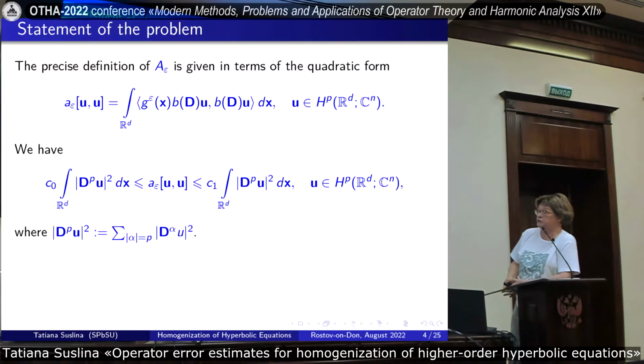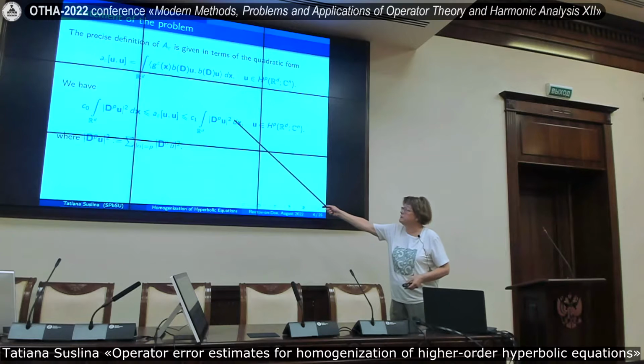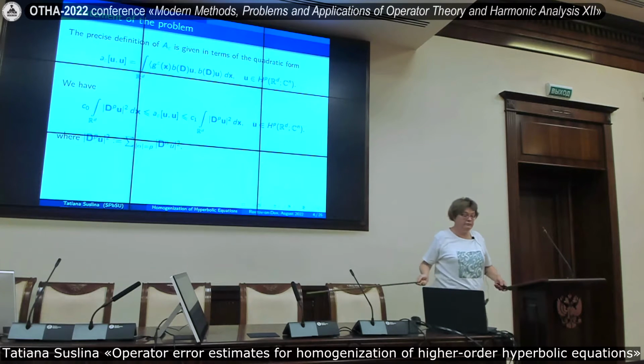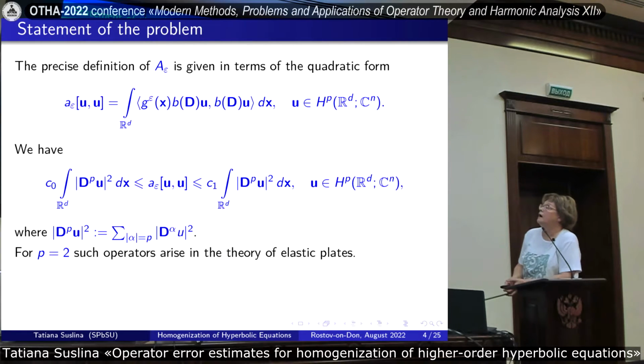Under our assumptions, this form satisfies such two-sided estimates, and it means that our operator is strongly elliptic. In the case where p is equal to 2, such operators arise in the theory of elastic plates.